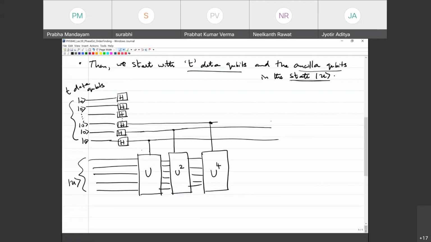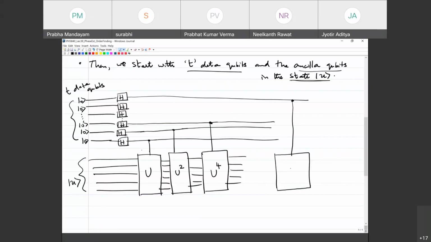And so on and so forth, all the way up to the first qubit. Again, this is a controlled operation. What is the power of U now? The power is 2 to the t, or t minus 1.